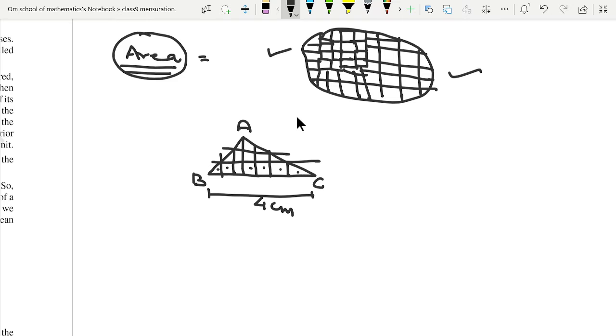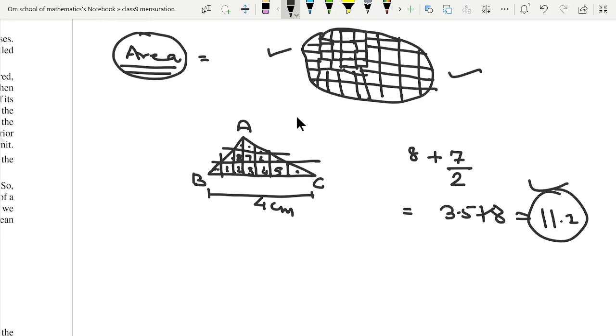Then you can count the squares, and you can easily find that there are 8 complete squares, plus 7 incomplete squares. Incomplete squares can be divided by 2, so 3.5 plus 8, almost 11.5.